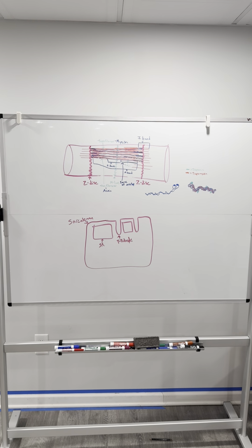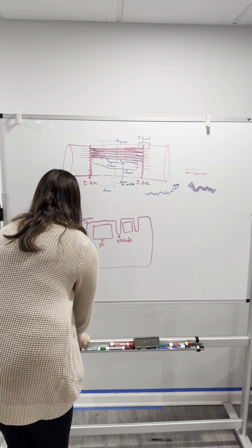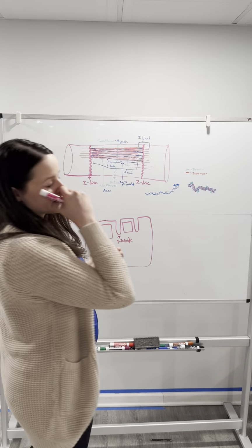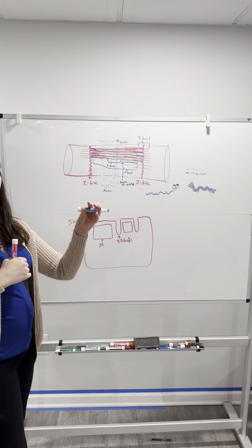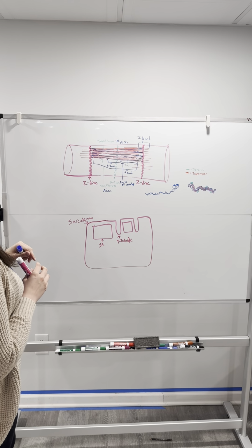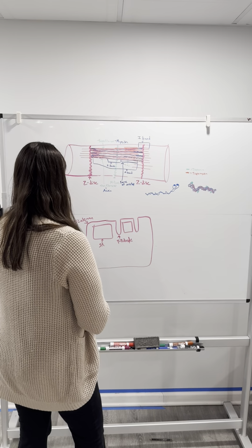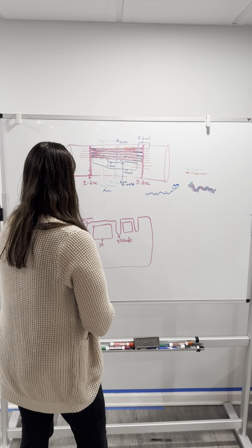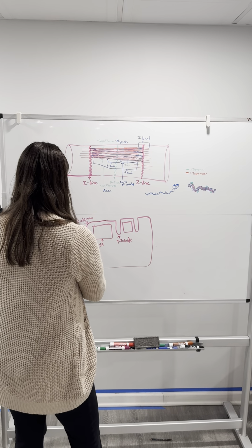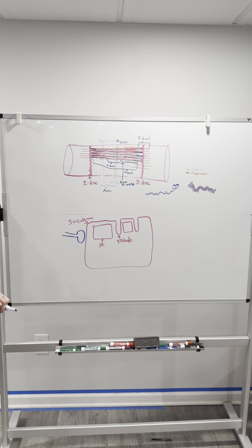Okay, so let's talk about exactly how this action potential happens. The neuromuscular junction is the area where the neuron interacts with the muscle. So let's say our neuromuscular junction, we have our synaptic end bulb here interacting with our muscle fiber.